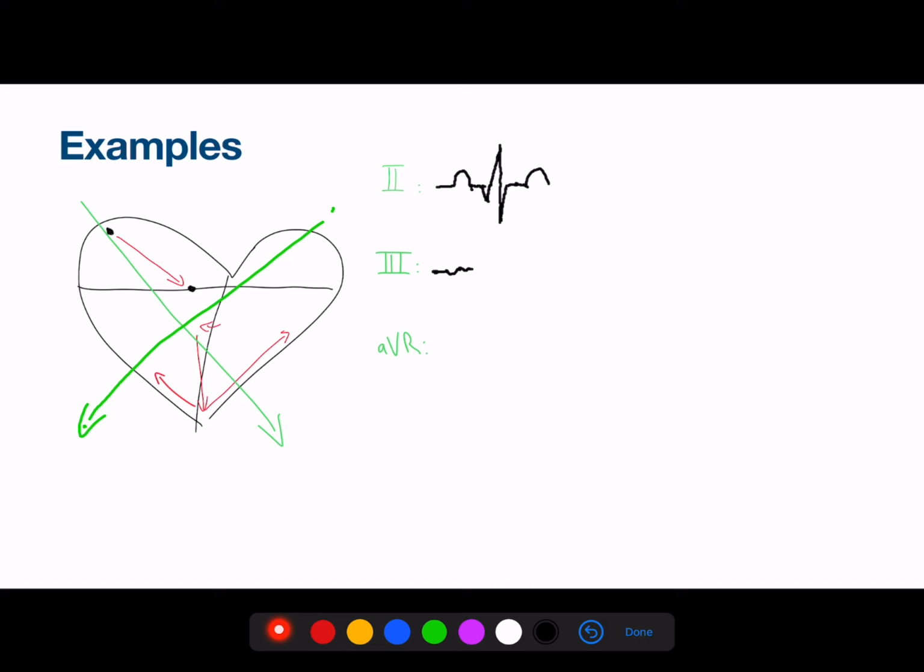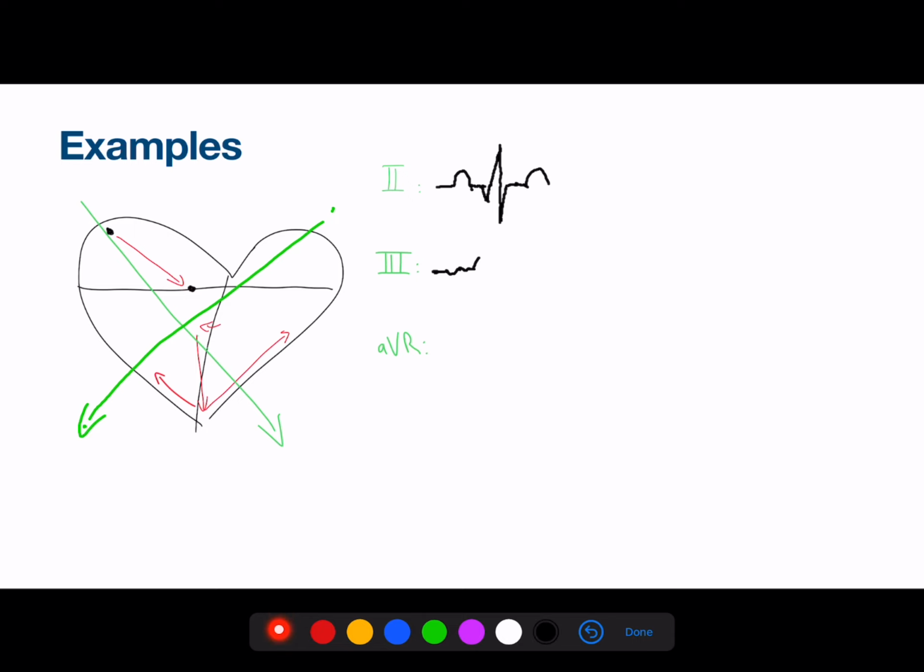Then there's the septum depolarization, which is in this case positive because it goes to the positive electrode of lead 3. So we have the positive upstroke. And again, the general vector in this direction, which is not completely perpendicular, but a little bit positive.